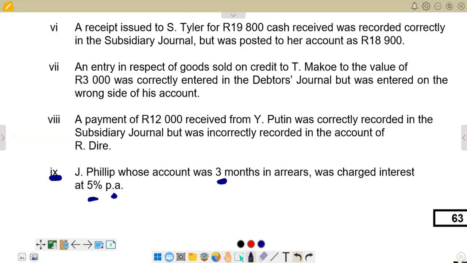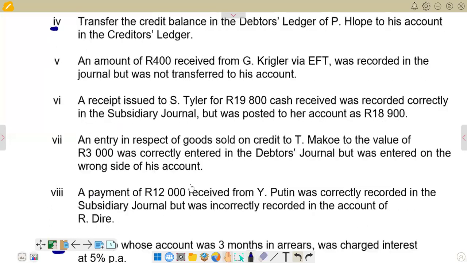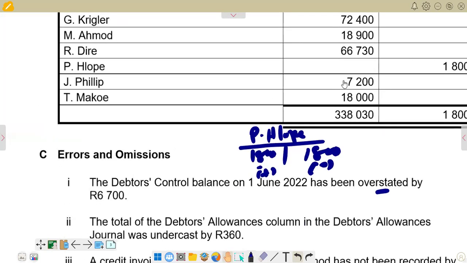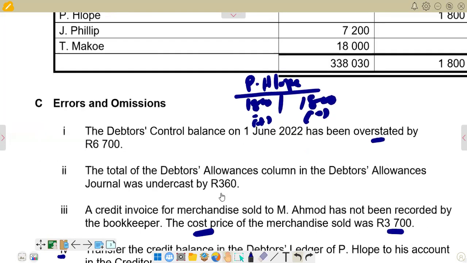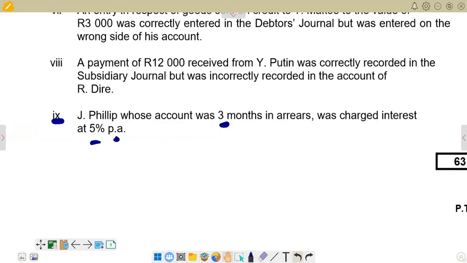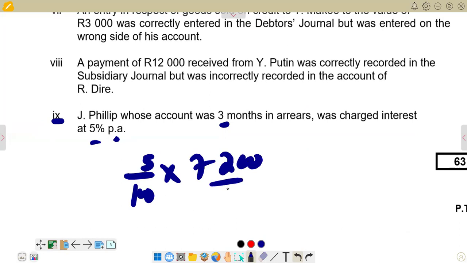So we go to the list of balances. For J. Philip, we are going to see that J. Philip is 7,200. So remember, the percentage that you are given there is 5%. So we are saying 5%, which is 5 over 100, and 7,200. So try to calculate that one.